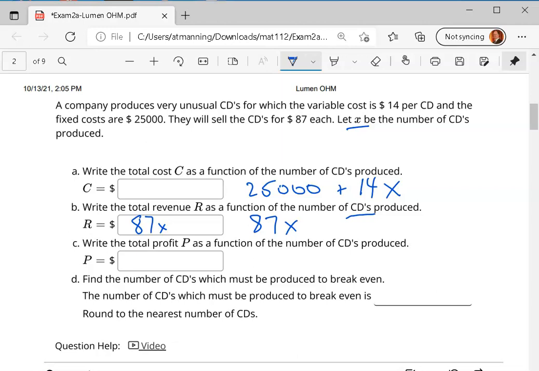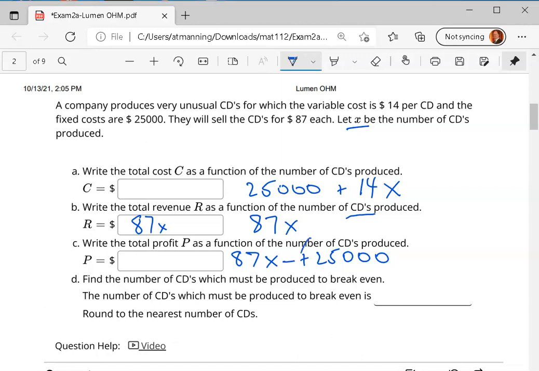Total profit, now what would that be? Well, it's revenue minus cost. All right, revenue minus cost. So, 87x is my revenue.